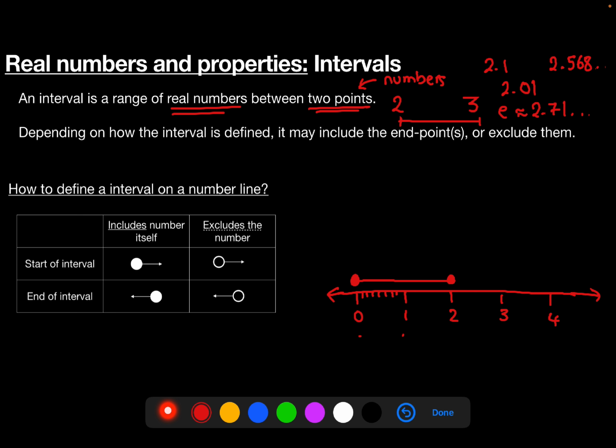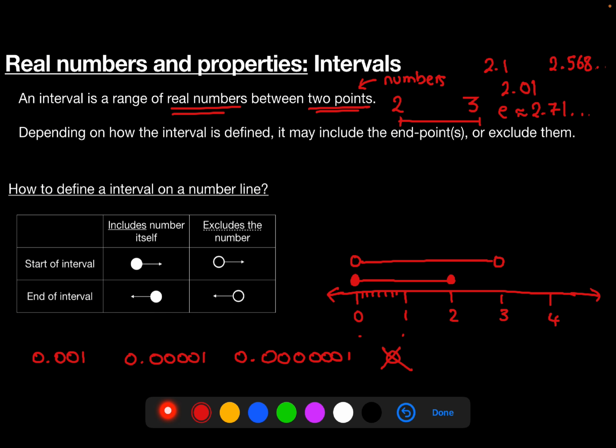And we could have something where it's excluded. So I could have a number that starts at 0 and 0 is excluded, and it goes all the way up to 3, where 3 is also excluded. Now, what does it mean if 0 is excluded? What it means is that we get infinitely close to 0, but we never really reach it. So numbers like 0.0001 are included, and 0.00001 is included, and 0.000001 is included, but 0 is not included.